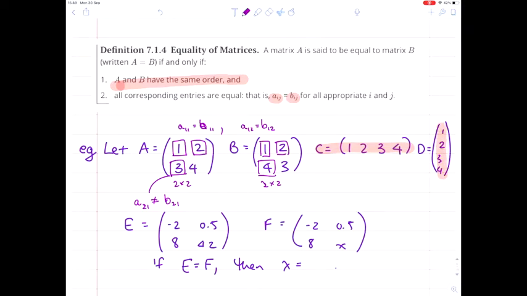Now you could go through and you'd see, well, the first element of C is 1, the first element of D is 1, the second element is 2 for both of them, third element is 3, and fourth element is 4, but over here, notice they don't have the same order because C is a 1 row by 4 column matrix and D is a 4 row by 1 column. So C is not equal to D. And over here we worked out that A is not equal to B.